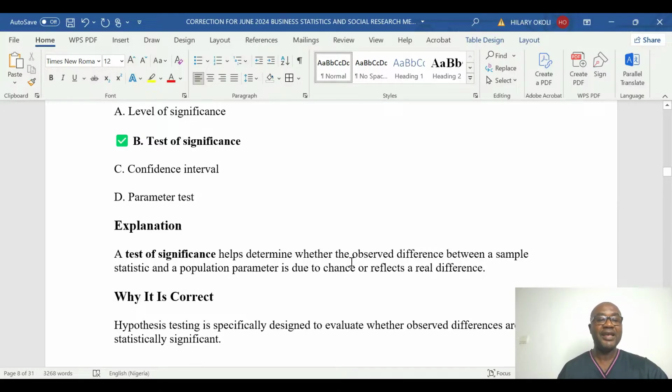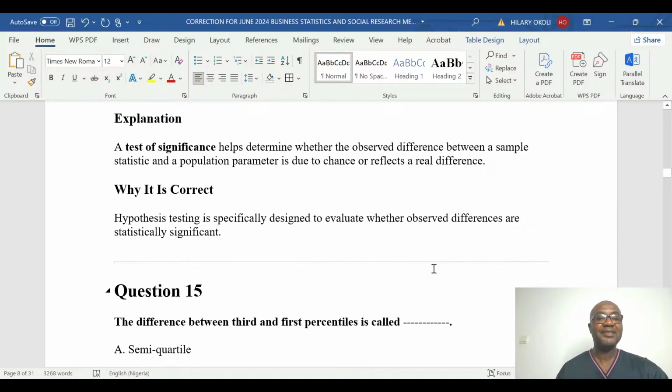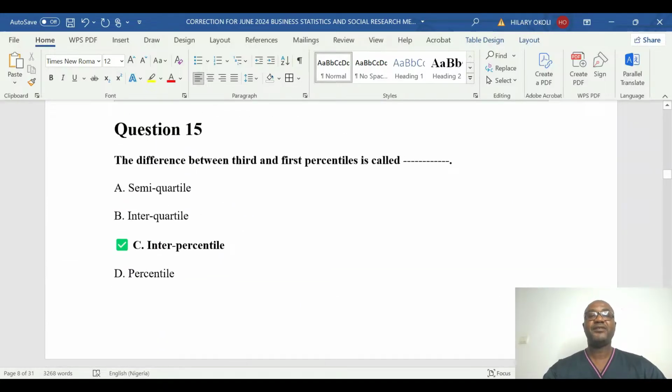This is the correct answer because hypothesis testing is designed to evaluate whether observed differences are statistically significant.